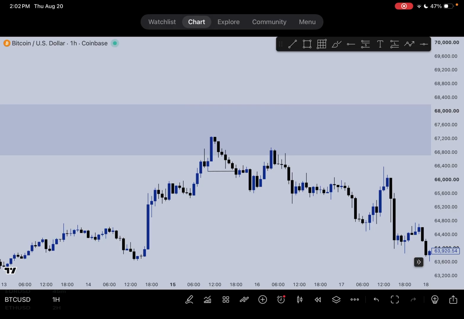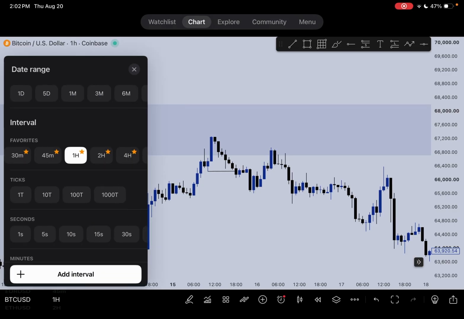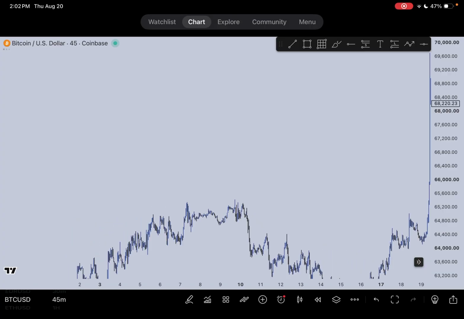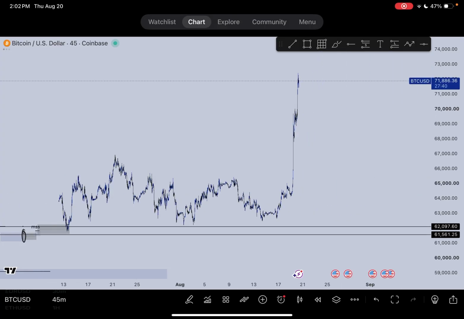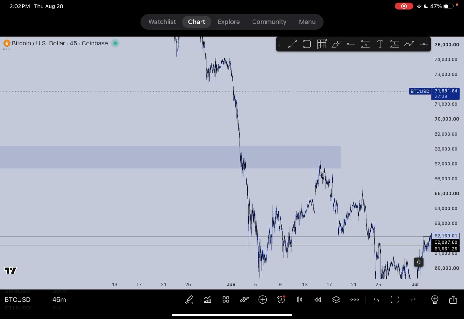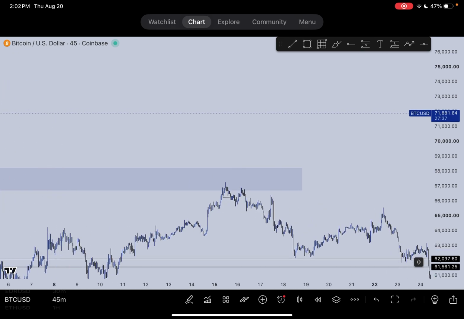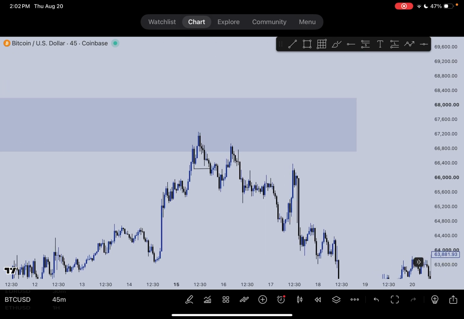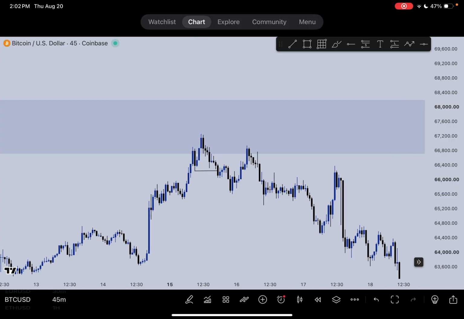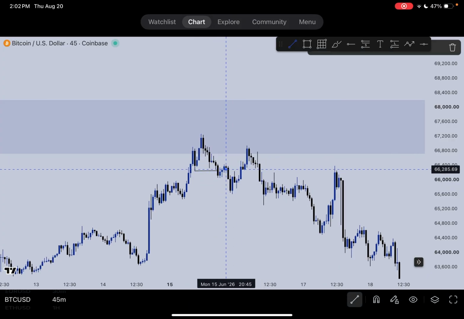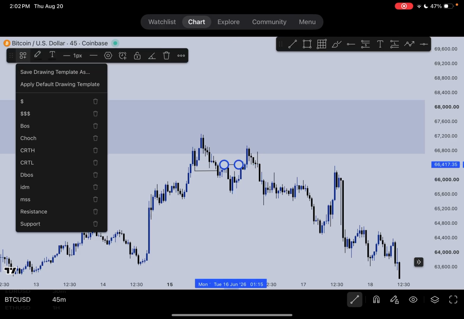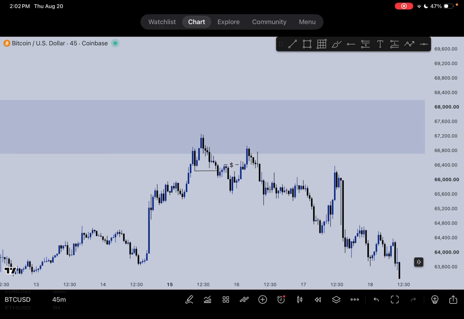This is our MSS. So going down to 45 minutes, let's see what we have at that zone on 45 minutes. Should be clearer. Okay, so mark here, we had double candle inducements. These are inducements. That's a valid pullback.